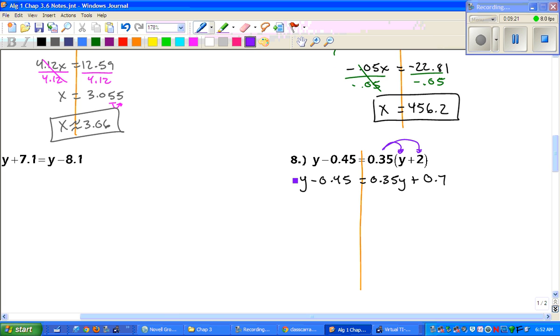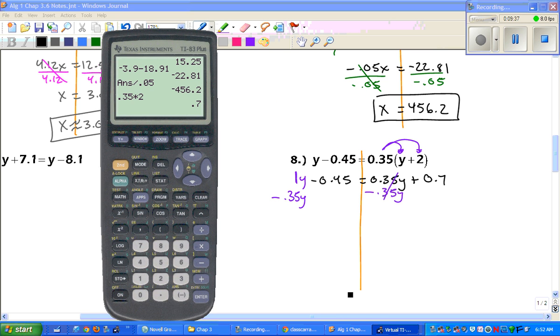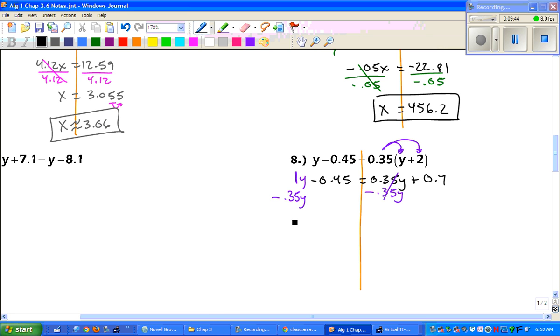Now remember, on the left-hand side that is 1y right there. Move my y's over. I wrote that down wrong. 0.35y. 1 minus 0.35 gives us 0.65.